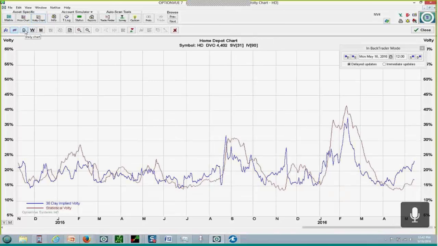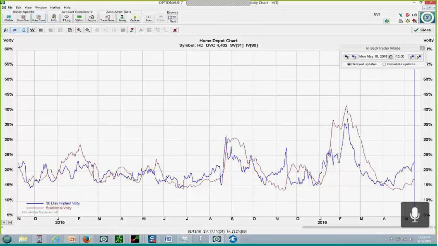If I click here at D, that's the daily chart. The percentile ranking is showing me that the implied volatility is at an 80 level for Home Depot. And if I put my cursor here, you'll see that 80 number there. 80 percentile ranking means that only 20% of the time on this chart is implied volatility higher than where we are now. The odds of us having a volatility crush tomorrow after the earnings comes out is most likely.